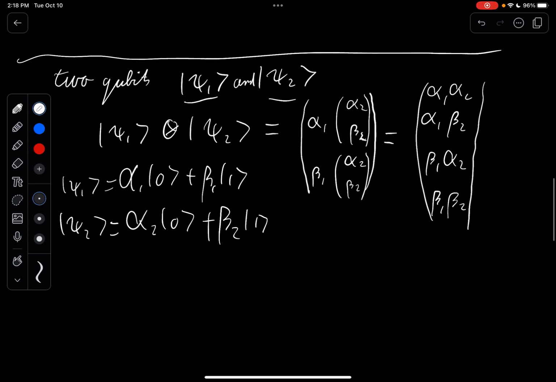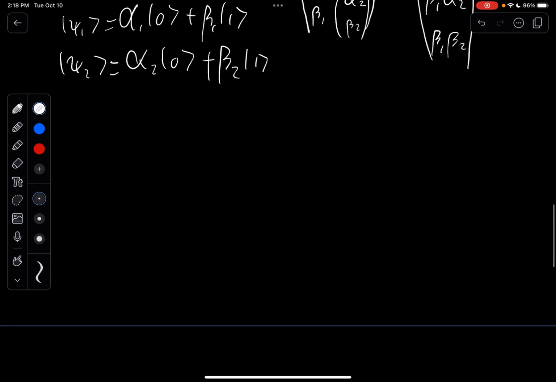Okay. So in general, a state will now be described by 4 parameters. So I have some psi, let's call it psi bar.